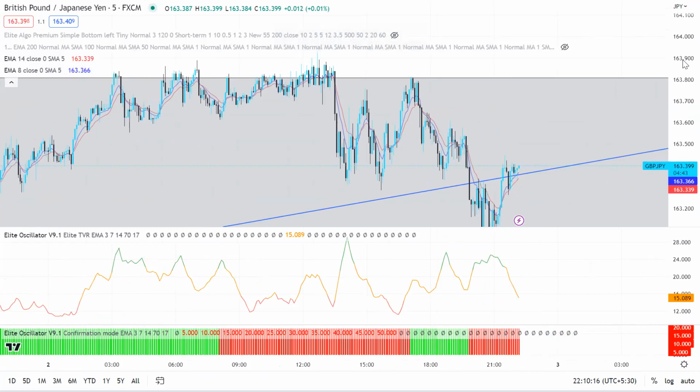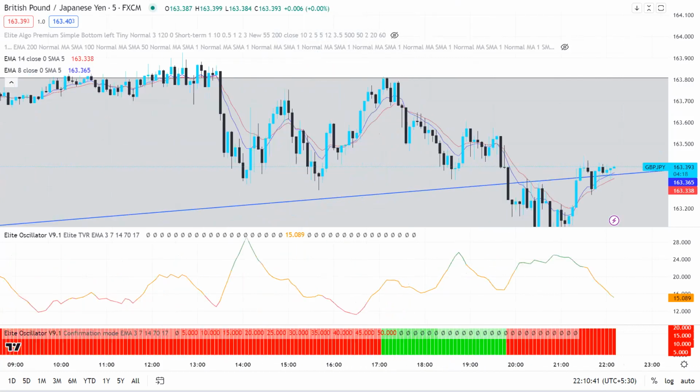Where did you lose? What's the trade you took? 163.721. You took a sell or a buy? I think sell. First one I took the sell. Second one I took the buy. I think it hit at this point.